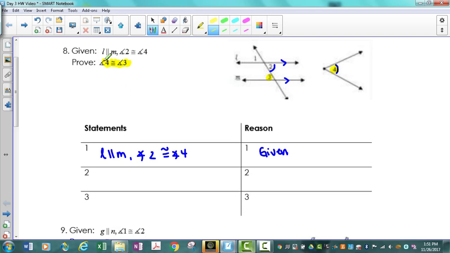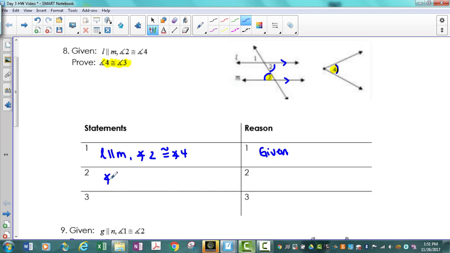Well, if I know L is parallel to M, I know that angle 2 and angle 3 are congruent. How do I know that? That's right. They're alternate interior angles.